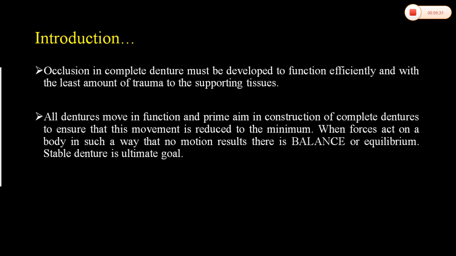It causes rocking of the dentures. This rocking of the denture causes traumatic forces onto the tissues or the bone. So to minimize these forces, we should see that right and left contacts occur simultaneously. This is known as equilibrium of forces. By creating this occlusion, we also develop stability of the dentures.